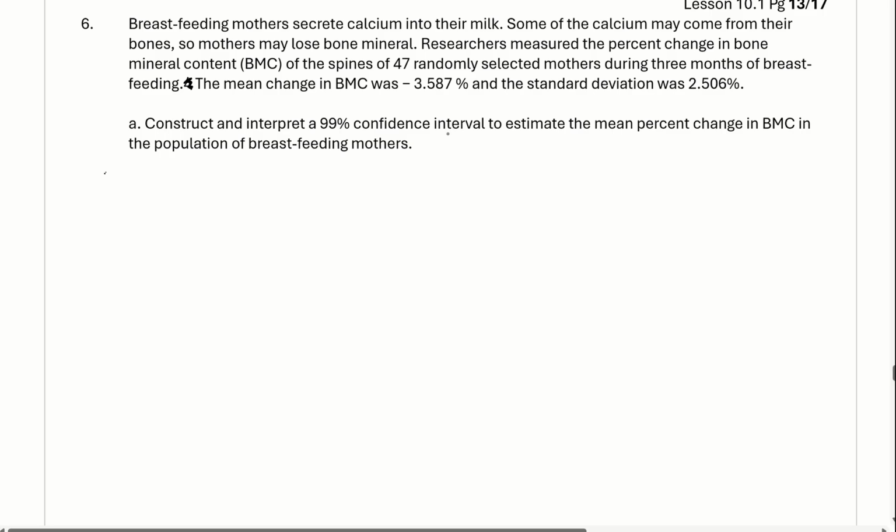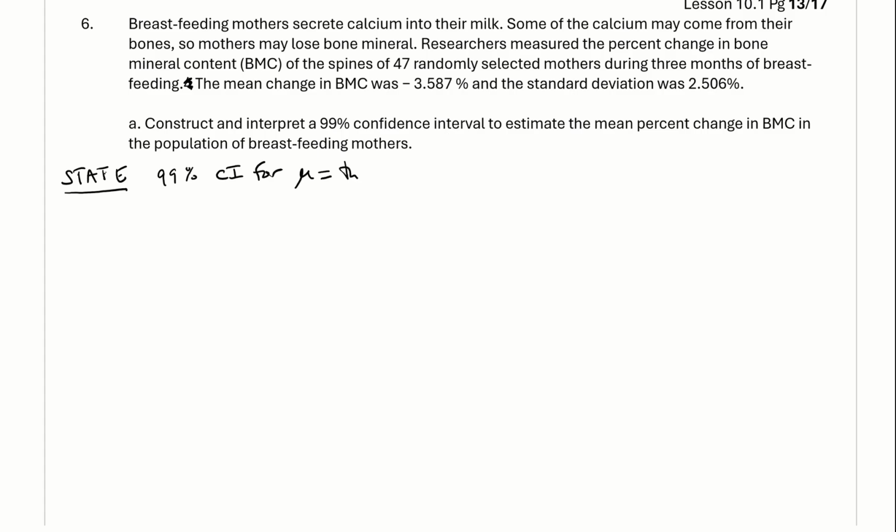All right, so let's go do all the steps. So we got the state, plan, do, right, all that stuff. So let's do the state. So the state is, well, what are we doing? We're doing a 99% confidence interval for mu, the mean percent change, right?